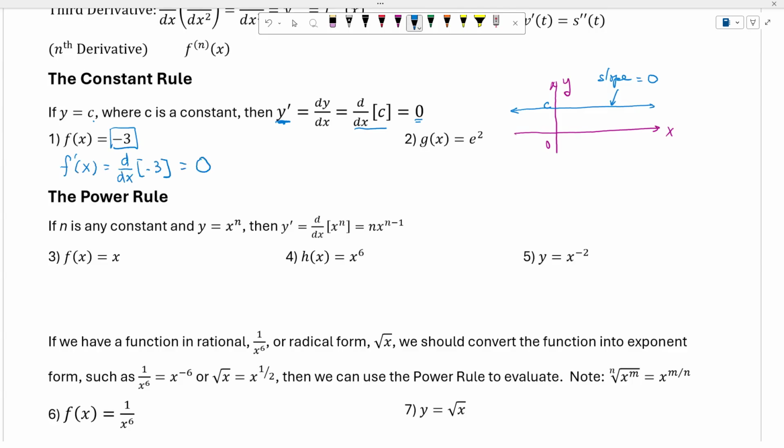And how about if we have e squared? Again, e is a constant. So when we have a constant to the square, it's still a constant. Therefore, when we take the derivative, g prime is again equal to 0.